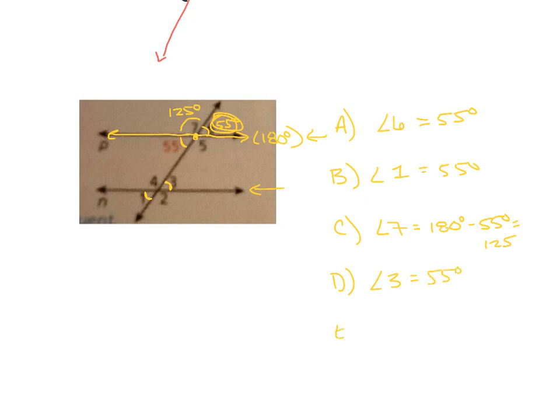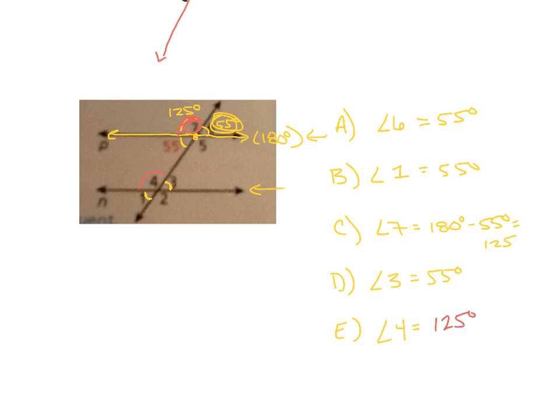And E is angle 4. So angle 4 is right here, right? And if I look to its corresponding side, its corresponding angle is going to be here because both of those angles are above and to the left. And we know angle 7 is 125, so angle 4 has to be 125 degrees.